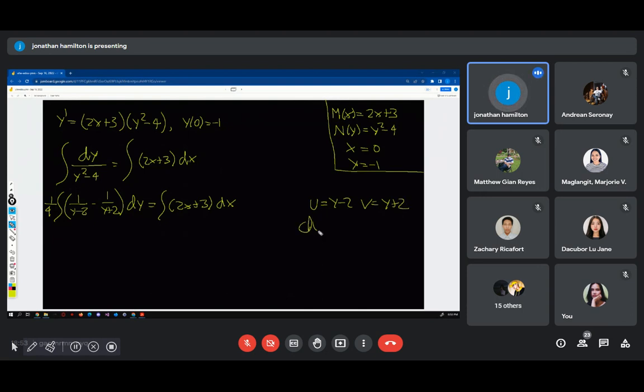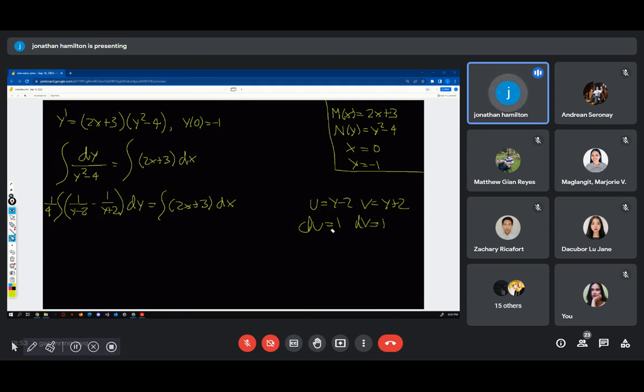So if we derive it, we have du is equal to 1, and dv is equal to 1. Since it is 1, we can cancel this out when we substitute. Earlier it was 3, so we divided by 3 to cancel it out. Since this one is 1, we don't need to cancel it out.